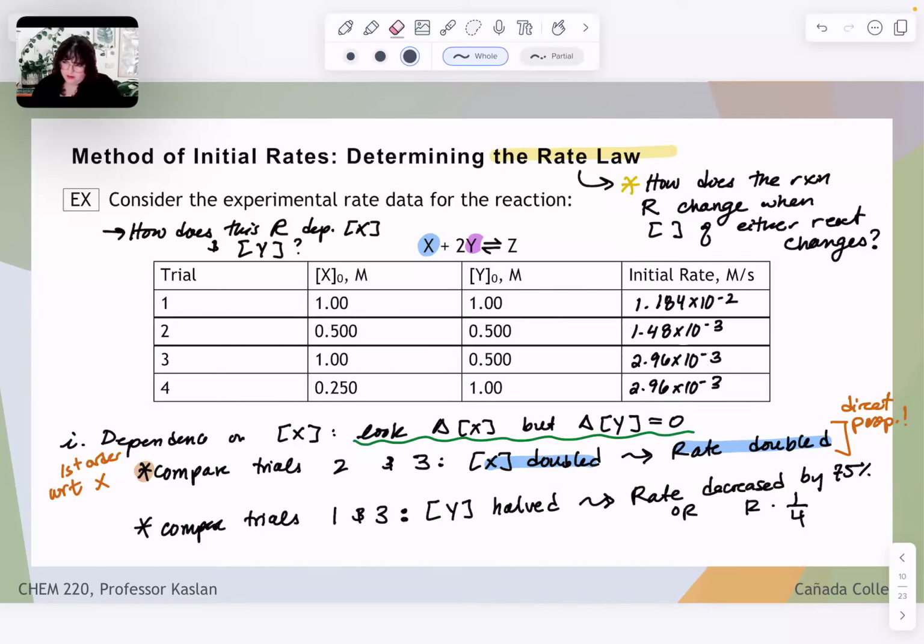Let's not think about it in terms of percentages. I think I want to say 25%. So rate decreased by 4, meaning 1/4 times the rate. The rate is 4 times less large.